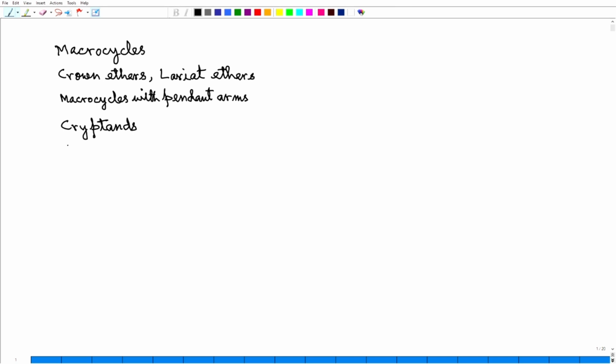Okay, I keep forgetting things nowadays. All right, after cryptands we took spherands. Spherands are a particular type of cryptand, spherical in shape.